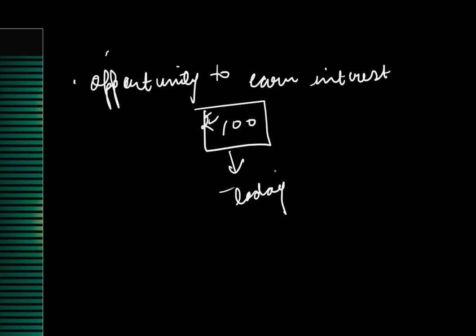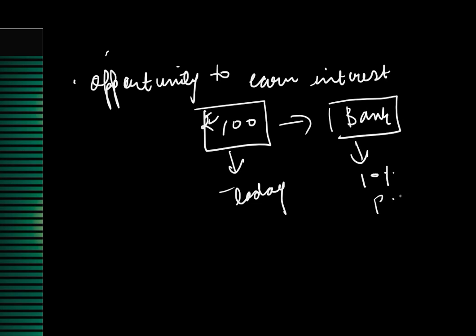First is the opportunity to earn interest. Suppose you have 100 rupees today. Now you use this 100 rupees and deposit it into a bank, and the bank is offering 10% interest per annum.